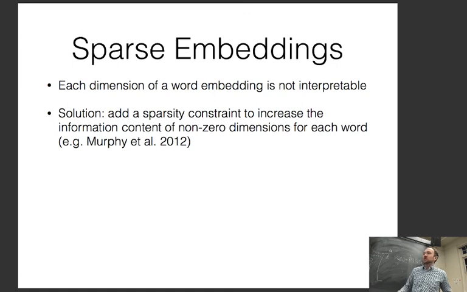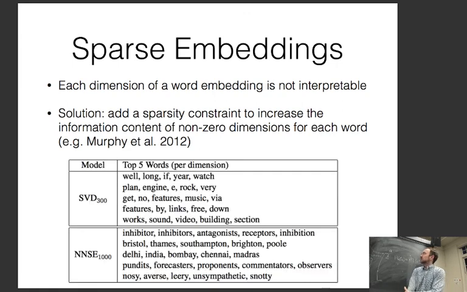But there are solutions, and the main solution is to add kind of a sparsity constraint, where you learn sparse embeddings. What this means is most of the dimensions in the embedding are 0, and all the other dimensions are non-zero. And if you do this, because you're enforcing the dimensions to only be active in some cases, each dimension tends to be more interpretable. So this is one way to solve this problem.